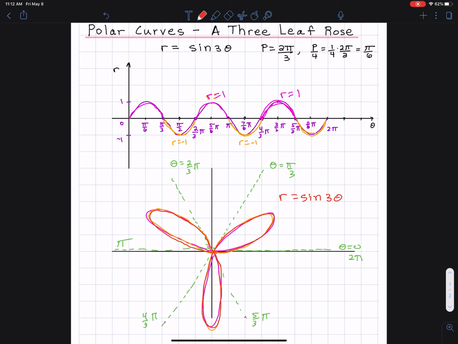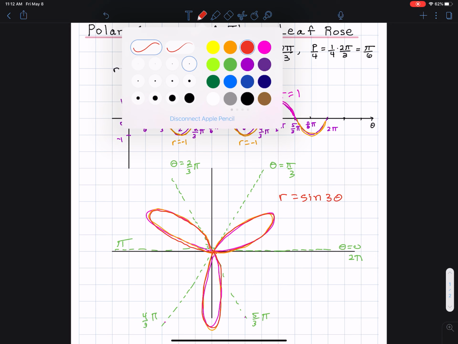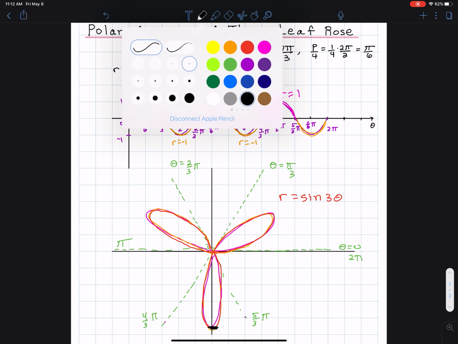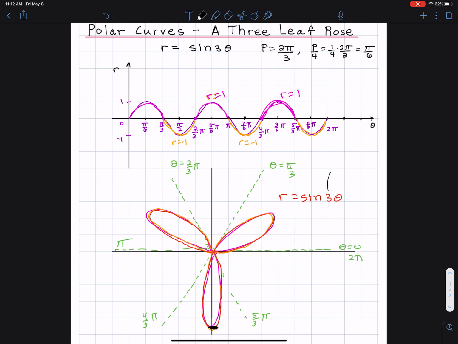Okay, now let me just clean up this one piece here. I feel like I should label this as 1 away. So I put a little mark there. But what can we say about this? Well, this number here is obviously 3. And I'm going to say this is n equals 3, which is an odd number.